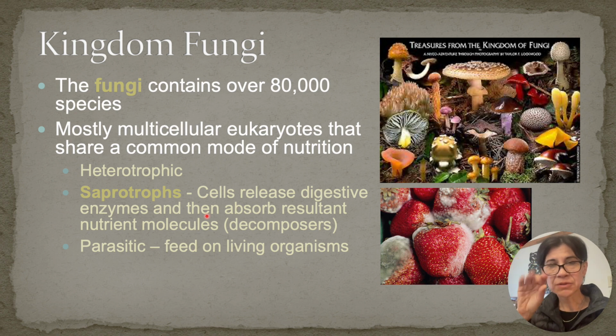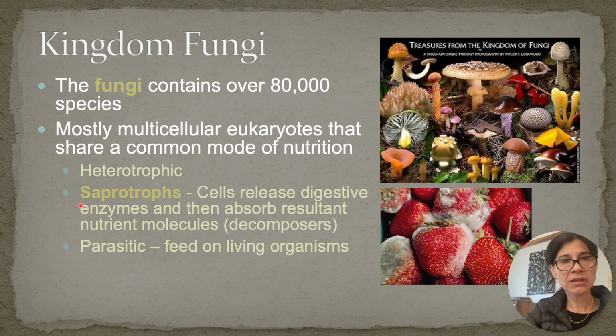And those enzymes break down that organic matter into smaller and smaller particles, and then they can take them in as those smaller particles. So it's kind of like what we do in our digestive system. We eat a big chunk of food, and in our digestive system, our enzymes break it down. But with fungi, they release the enzymes out. They digest it outside, extracellularly, and then they take the smaller pieces in. So that's the unique thing called saprotroph. But it's still a type of heterotroph, right? Because they're feeding on other things.